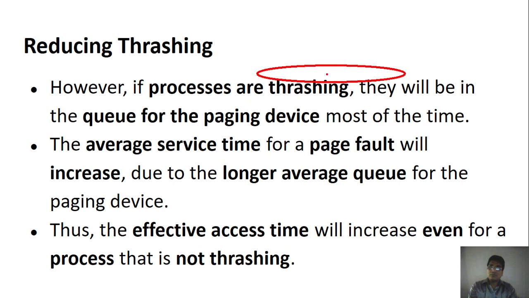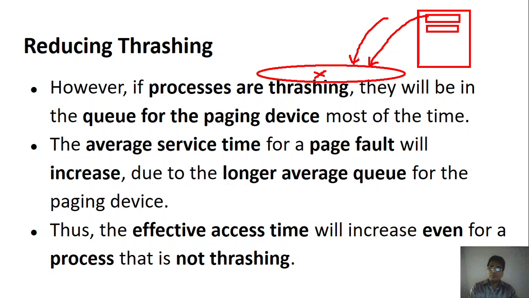There was this disk which was rotating, and there was this memory with the frames. Processes came one after the other and said I want my page, I want my page. Many processes came, P1, P2, P3, and everybody generated a page fault.